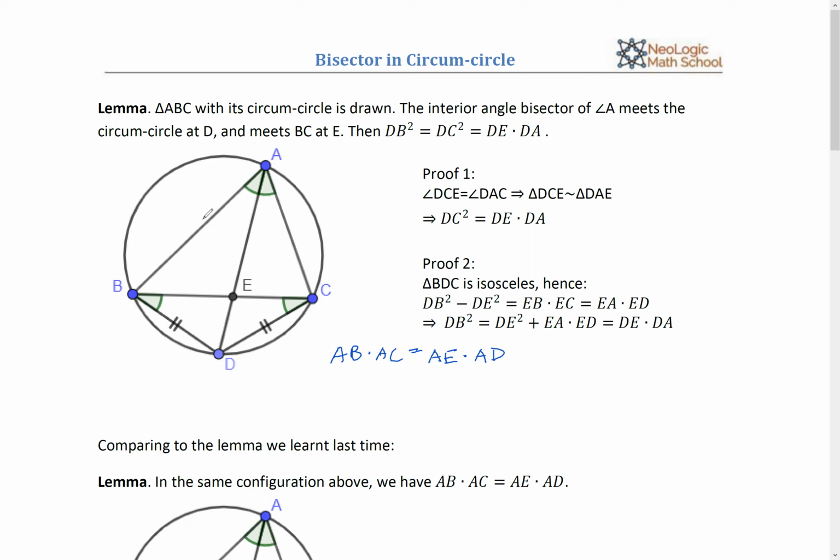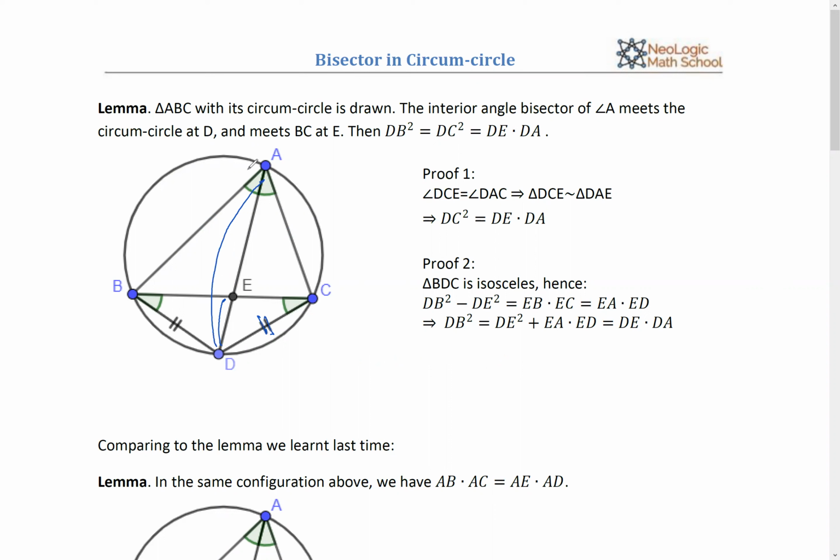This times this equals this one times this one, right? We proved it last time. Now there's another pair of interesting things: DC squared equals DE times DA.